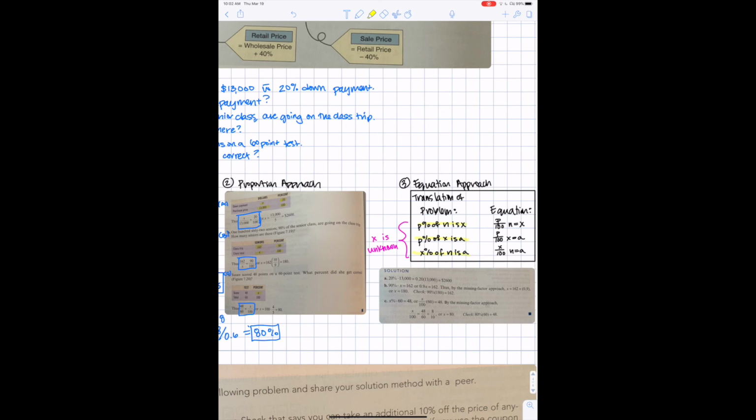Problem A corresponds to this first explanation of what's happening. We're taking some percent of a number we already have, and that should be our unknown. So I just take 20 over 100 and multiply by that quantity we already know, and that gives us 2,600. In the second example, we don't know the whole thing that we're taking 90% of. So I'm going to say 90% times x is equal to 162 and solve that way.